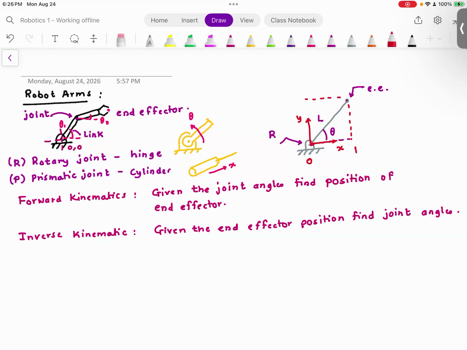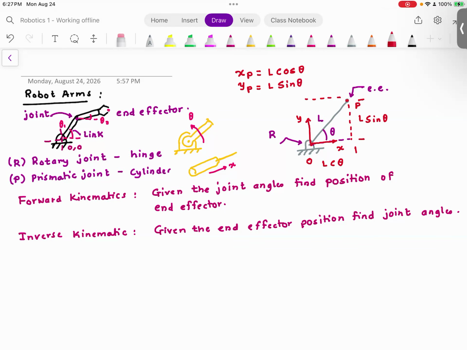And this distance is L cosine theta. And this distance is L sine theta. And I'm going to call this point P. So I can say XP, which is the horizontal position, is L cosine theta, and YP, which is the vertical position, is L sine theta.